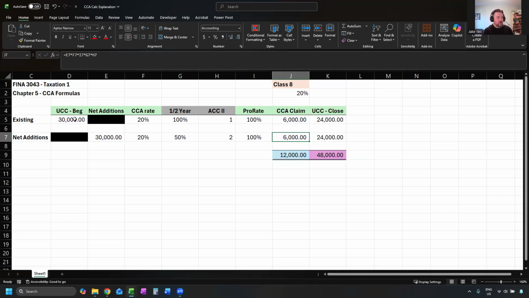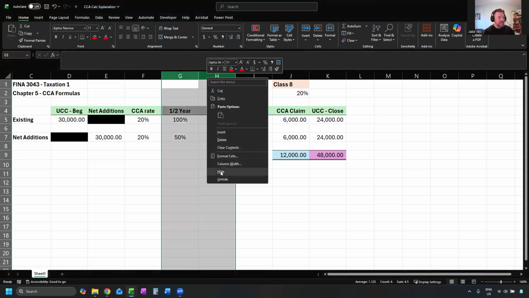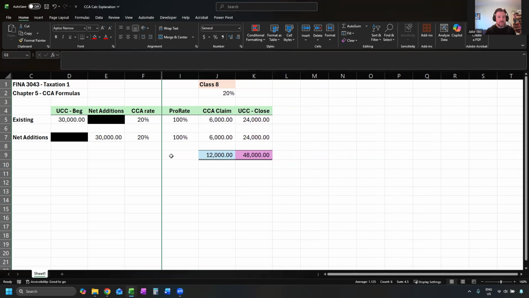So whether we had $30,000 in the beginning or $30,000 in net additions, these two things are kind of undoing each other. So it's almost like we can just ignore those two columns. This confuses students right now. When does the half year rule apply? When does the accelerated incentive? Accelerated incentive right now applies almost any time the half year rule applies.